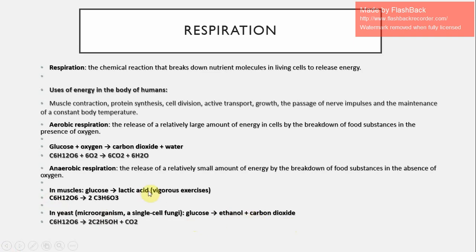If you notice the product here, in muscles, especially in humans, when anaerobic respiration happens, it doesn't release carbon dioxide because you don't have enough oxygen. And if carbon dioxide is produced, you will die. The pH of the blood is going to be so acidic, and carbon dioxide is going to be abundant in the blood with lactic acid.